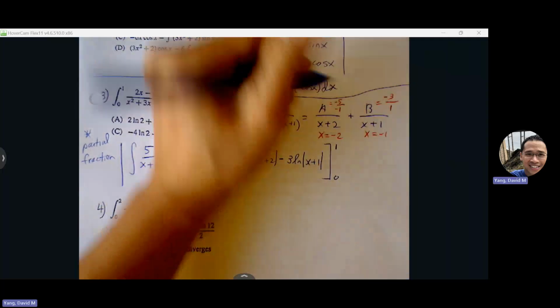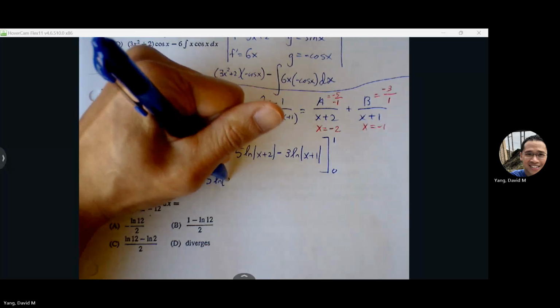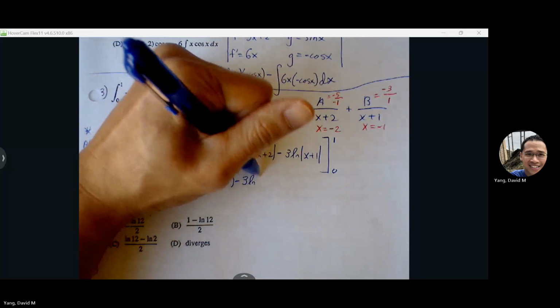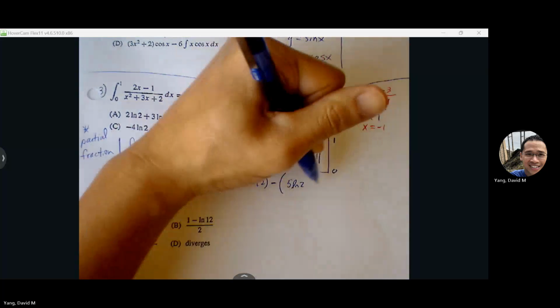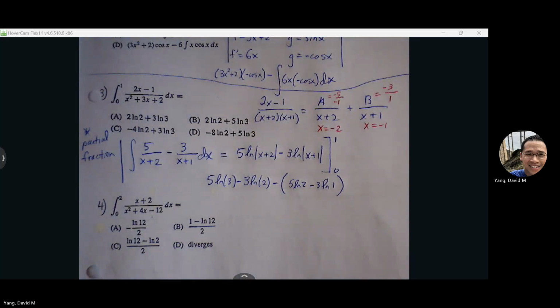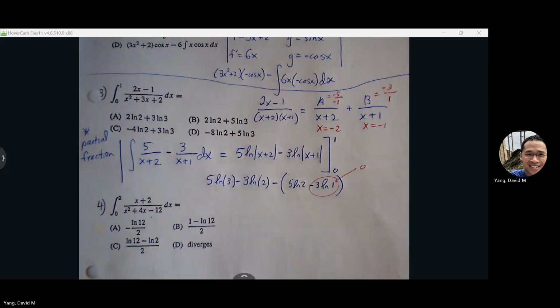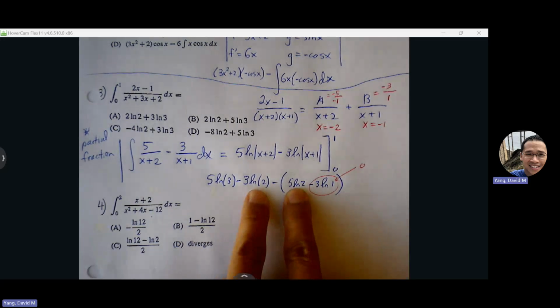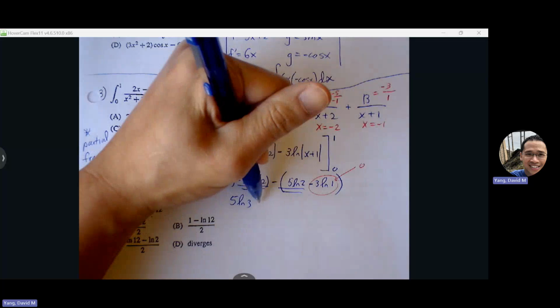And we still have to evaluate our bounds, so plug in our upper and lower bound. Natural log of 1 is just going to turn into 0. These are like terms. So negative 3 and negative 5 is negative 8.